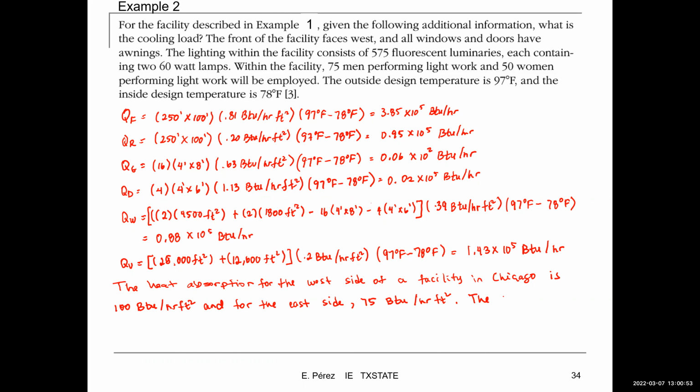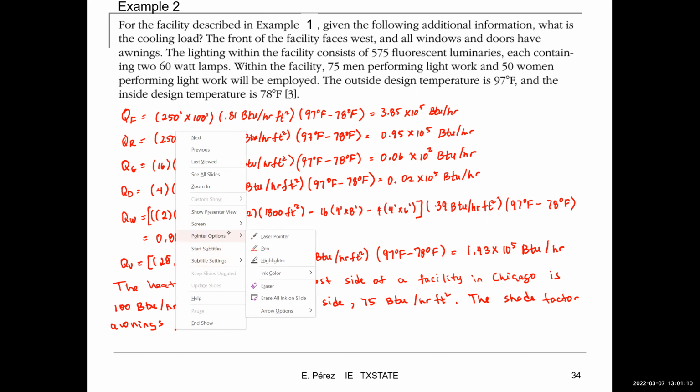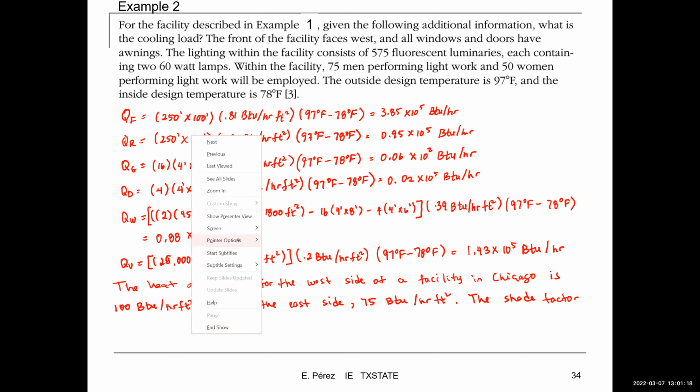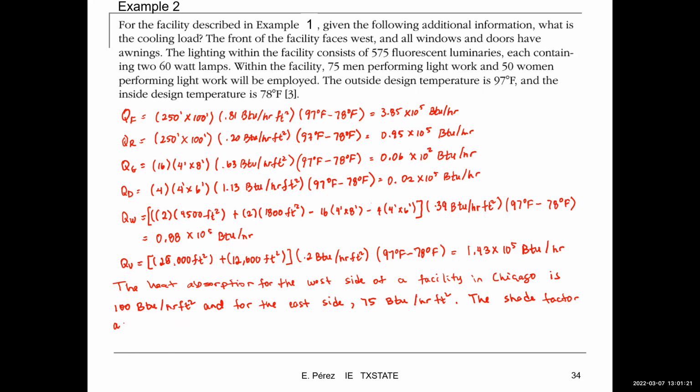Also, the shade factor for awnings is 0.3.